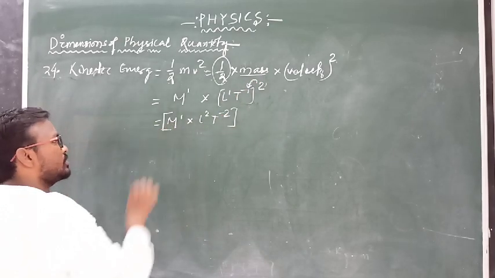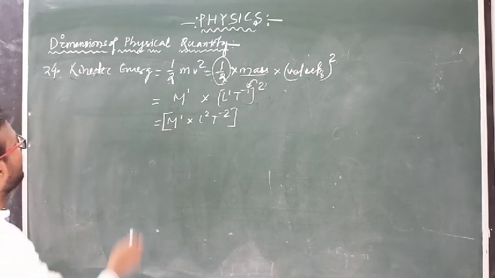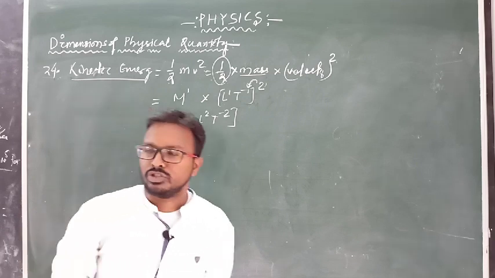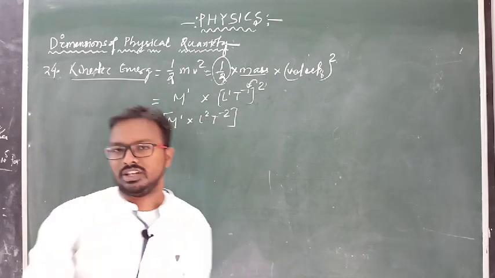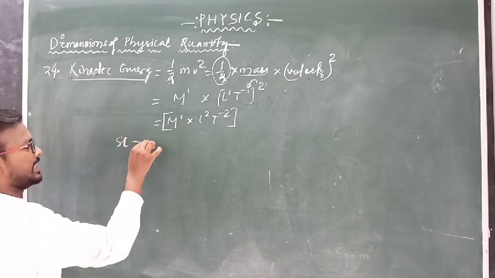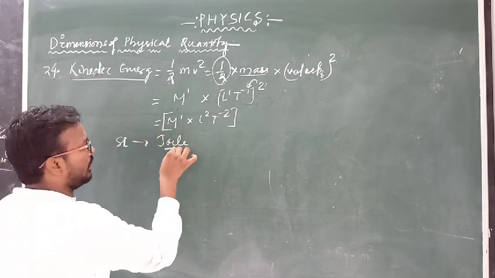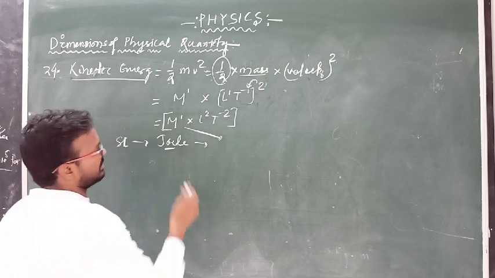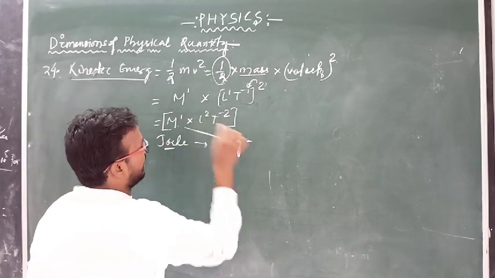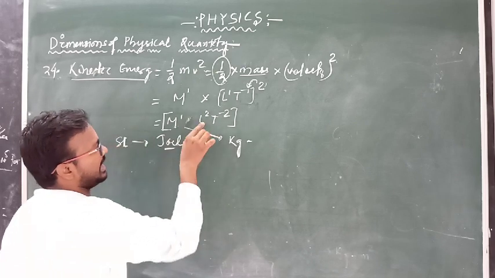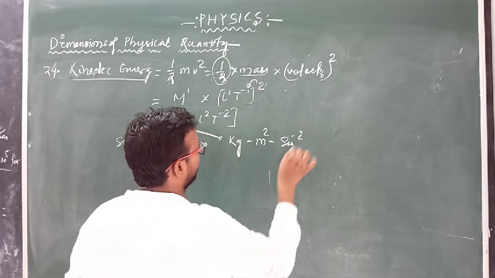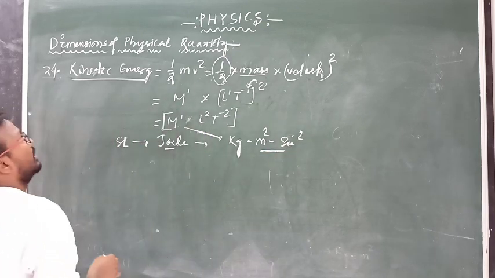So M1 L2 T minus 2, if we multiply here, then this is T minus 2. So M1 L2 T minus 2 is the dimension of kinetic energy, because all types of energy possess one unit and only one dimension. So here we can write the SI unit of kinetic energy, that is joule, or you can write from this relation here kg, and L square, M1 L2 means meter square, and second minus 2 is the SI unit of kinetic energy.